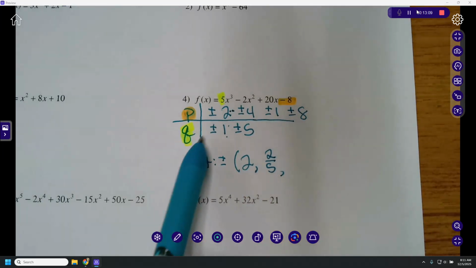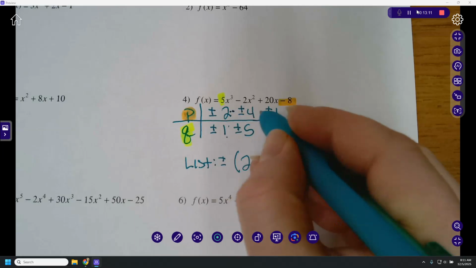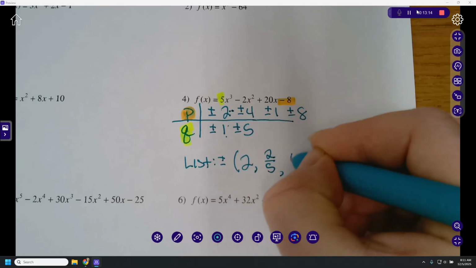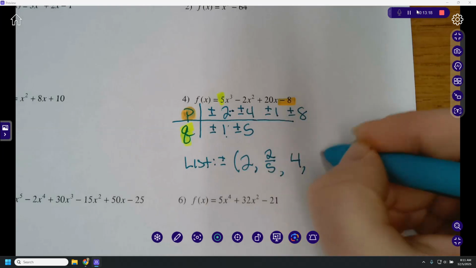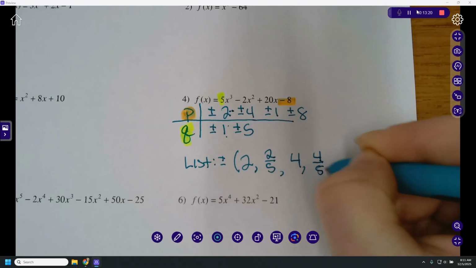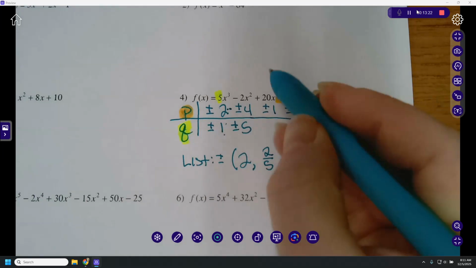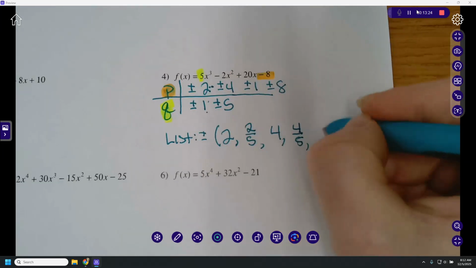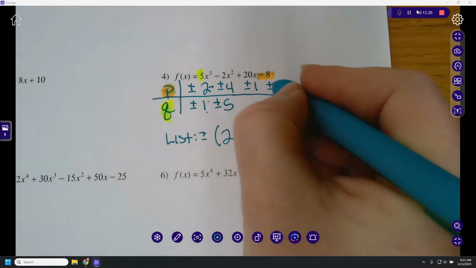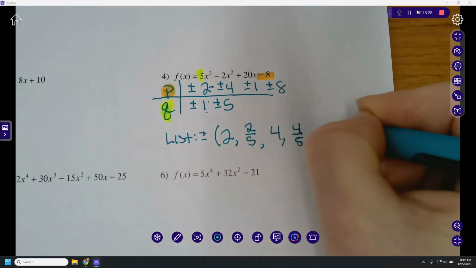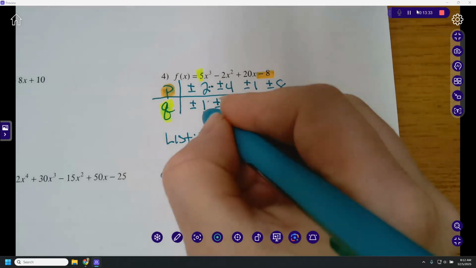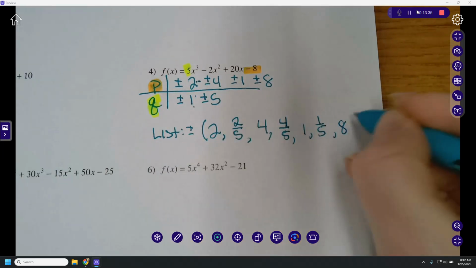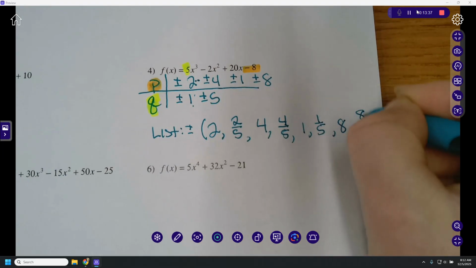All right, now I move to the 4. I have to do 4 over 1, which is 4, and 4 over 5, 4/5. I need to do 1 over 1, which is 1, and 1 over 5, which is 1/5. 8 over 1, and finally 8 over 5.